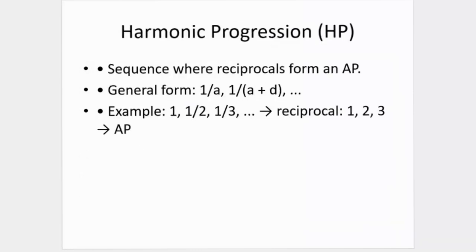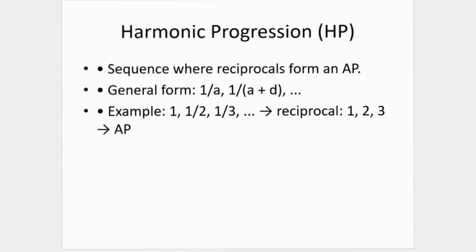So the next one we're going to look at is the harmonic progression. This is very similar to arithmetic progression, with only a slight difference. The difference between this and an AP is that for a harmonic progression, you work with reciprocals. So basically, 1 over whatever you have in the AP. So we have an AP where the common difference is 1.